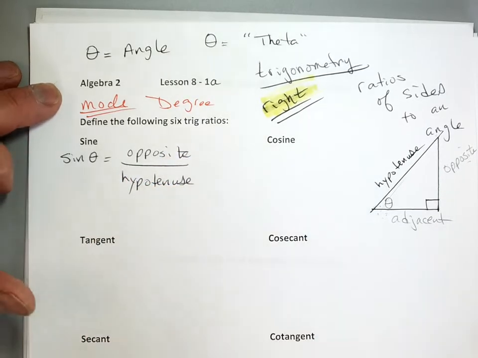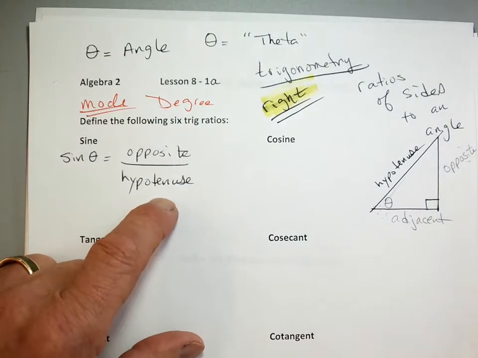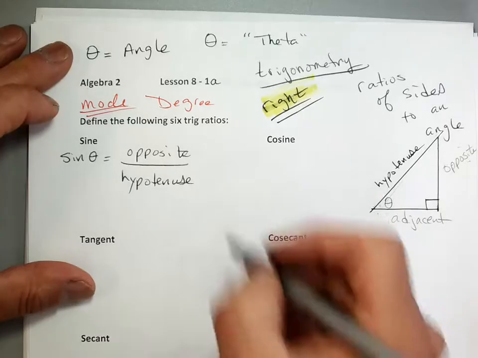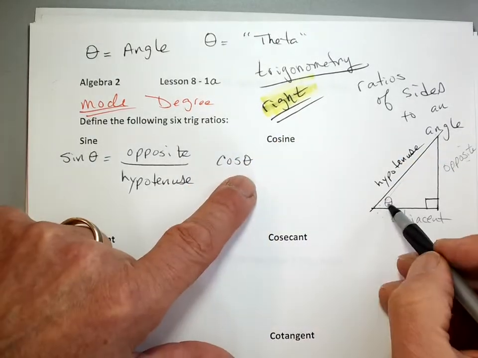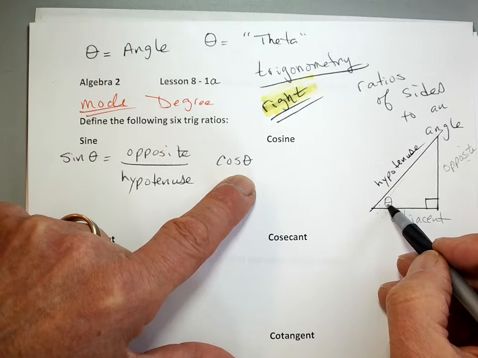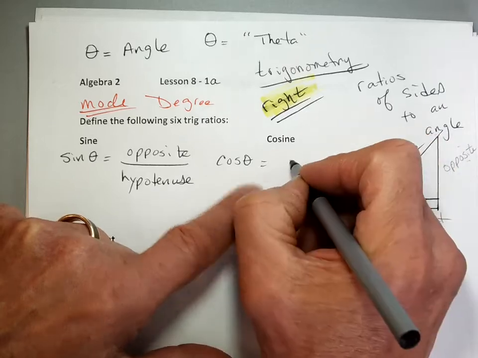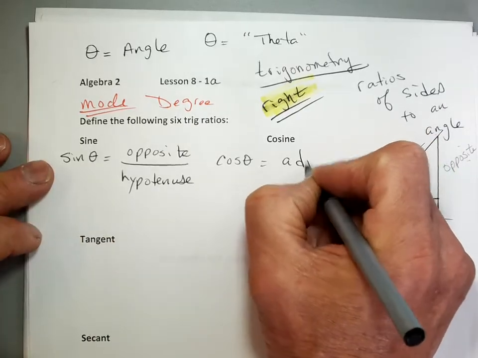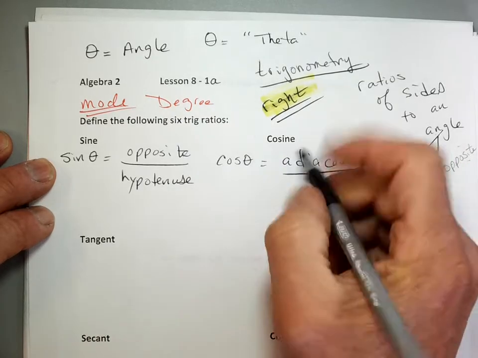We learned this last year. Write that down, please, in your journal, in your notebook, somewhere, okay? The cosine, abbreviation cos, cosine of an angle, is a ratio of its adjacent side over its hypotenuse. So the cosine is equal to the adjacent side over the hypotenuse.